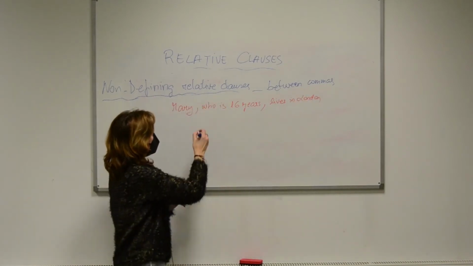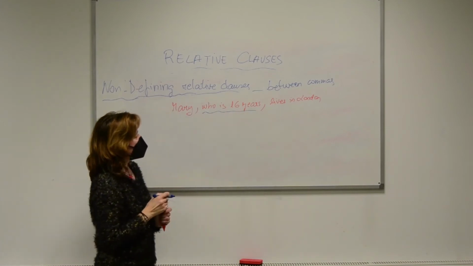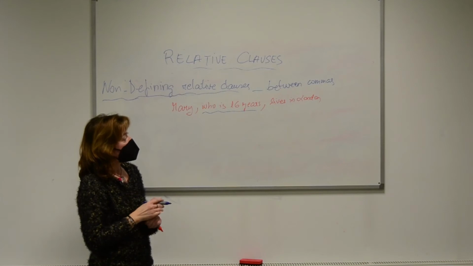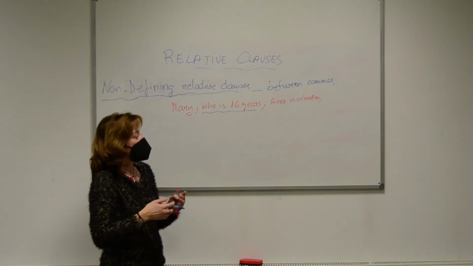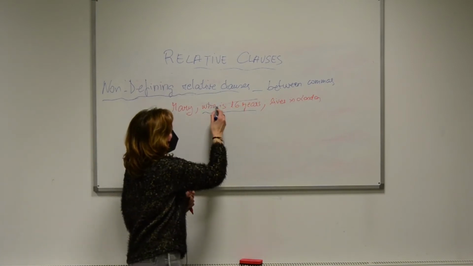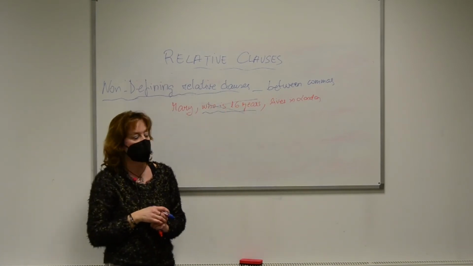Here we have a relative clause, but this relative clause can be omitted because we can say Mary lives in London. Her age is not necessary.